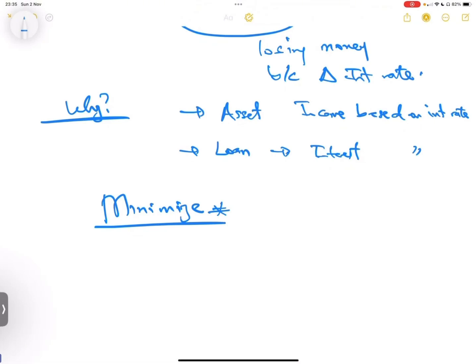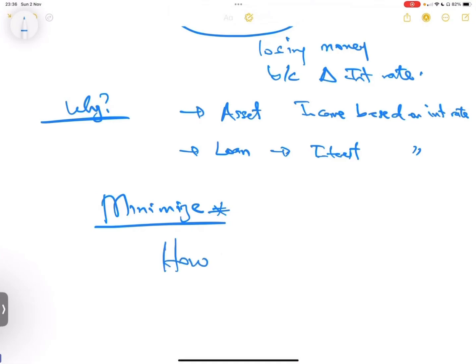Sometimes you might be able to, depending on your strategy, but not all strategies for hedging interest rates will eliminate it for you. But one thing for sure that you need to know is that it doesn't stop you from making loss. The same way it might not stop you from making gain. But one thing you know for sure is that both gains and losses will be very minimized when you are hedging.